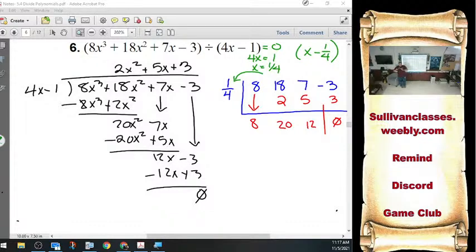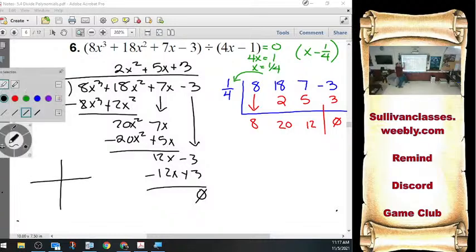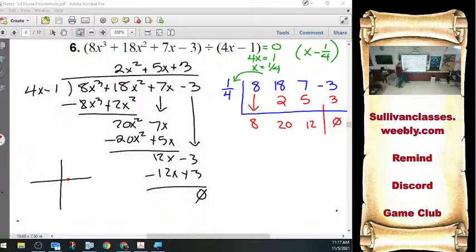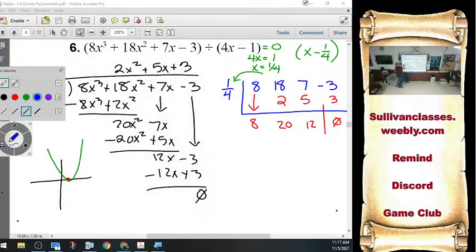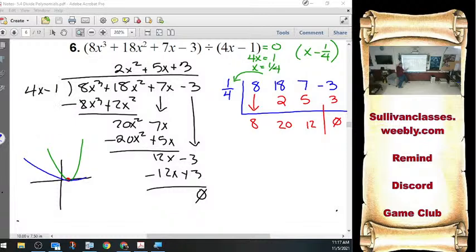If I say x minus 1/4 or if I say 4x minus 1, they have the same 0. What changes is how the graph looks. It might have a 0 at 1/4, but one of them looks like this, and the other one looks like this. It is 1/4 as tall.